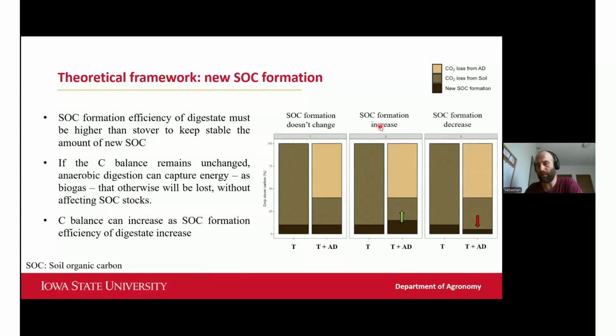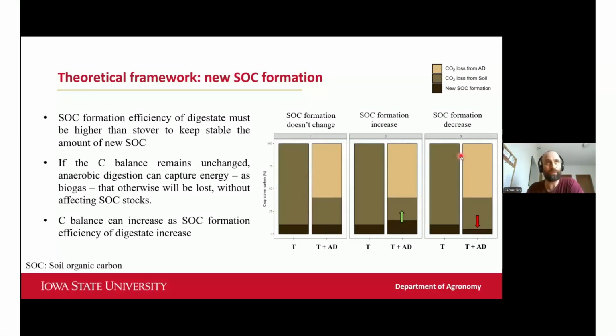And on the contrary, if the formation efficiency decreases, we can decrease the soil organic carbon formation. So, in summary, the formation efficiency of the digestate is very relevant to define the carbon balance in the croplands. And this is something that is unknown in the science.